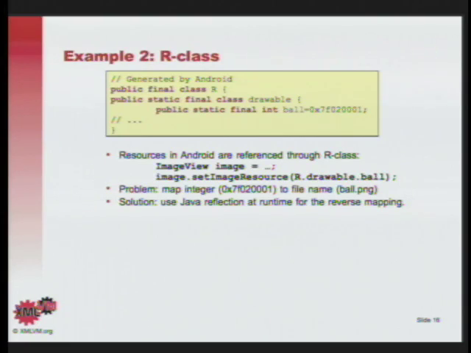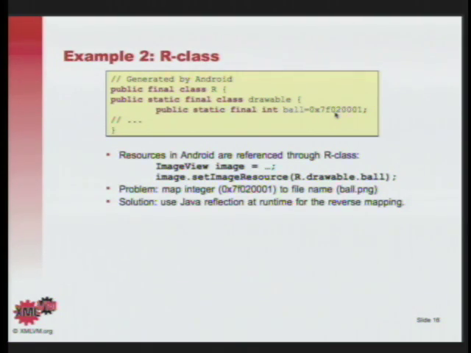Imagine you have an image resource, a file called ball.png. Android is going to create a field in a static final class called drawable, which itself is nested inside a public final class called R, the R class I just mentioned. And it will assign it some kind of unique ID that ideally you will not see.